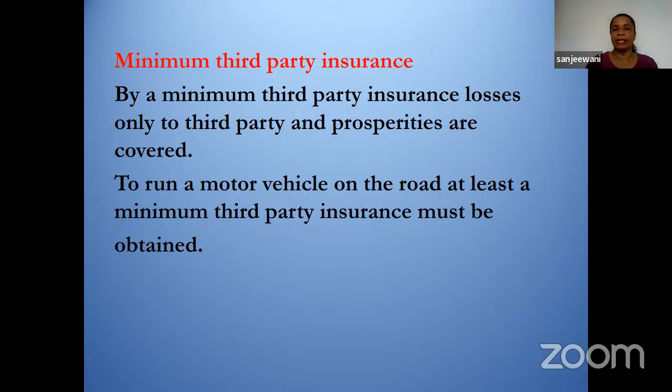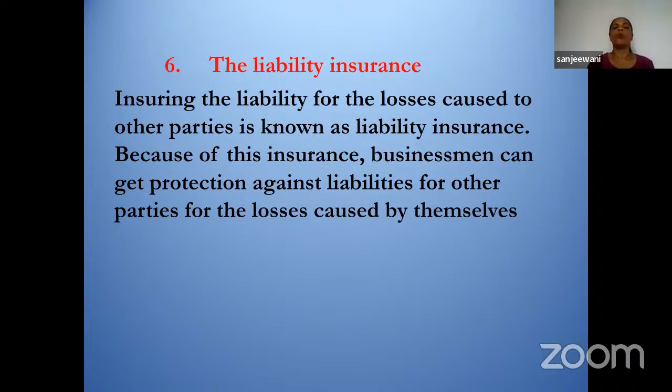All right. Then the next insurance policy is liability insurance. What is liability insurance? Insuring the liability for the losses caused to other parties is known as liability insurance.